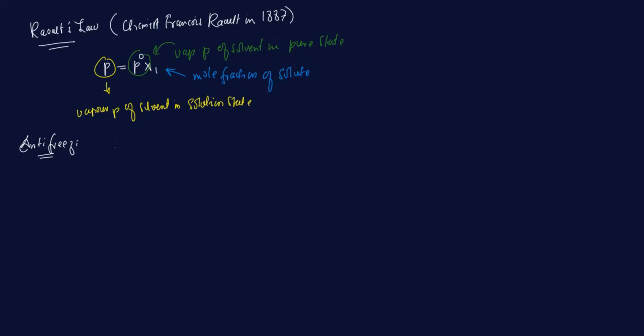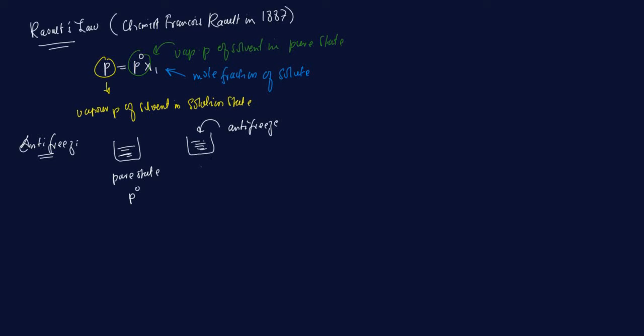For example, we have used water inside a radiator which is in pure state. Let's suppose its vapor pressure in pure state is P₀. Then in the second case we add an antifreeze; in other words, we make it a solution.